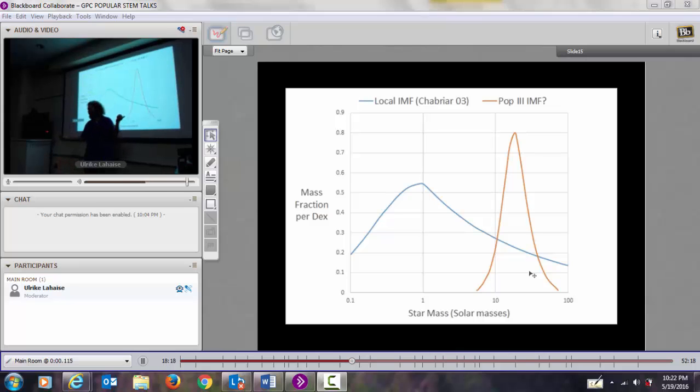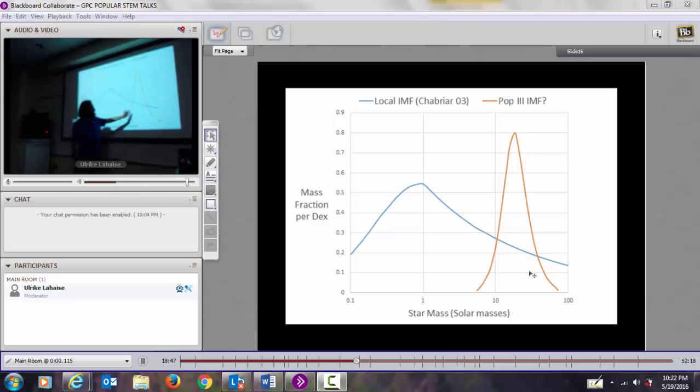But if molecular hydrogen didn't exist, then this would be shifted toward much higher masses. And most astrophysicists think that the first generation of stars probably were hundreds of times the mass of the sun, maybe even thousands of times the mass of the sun. I probably didn't explain well that this number, solar masses, means stars 10 times the mass of the sun, 100 times the mass of the sun, and so forth.